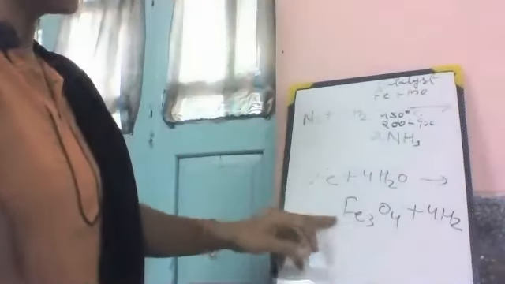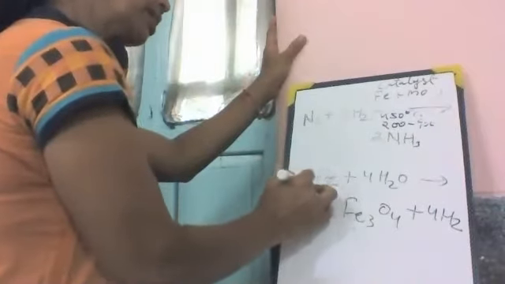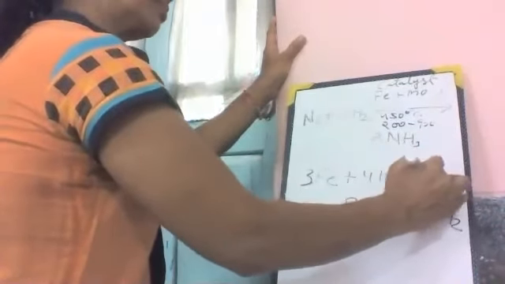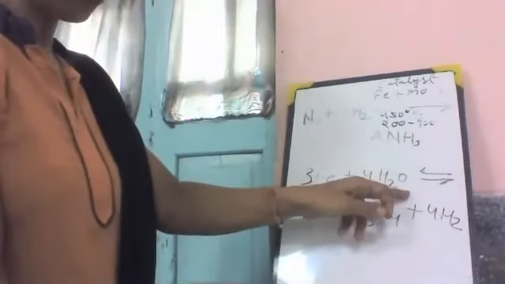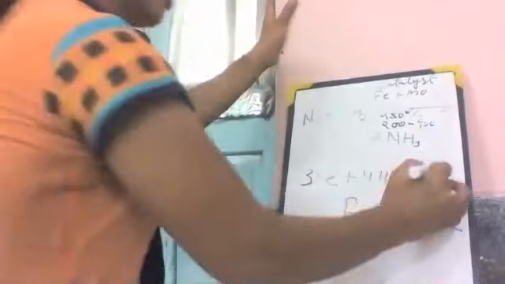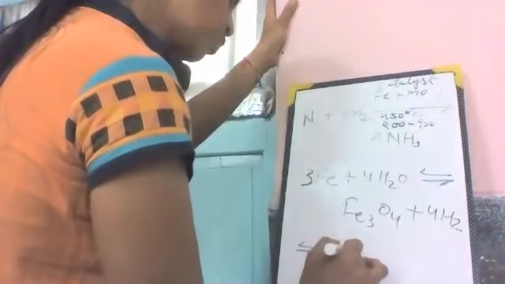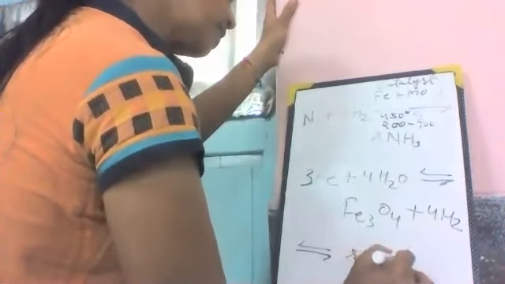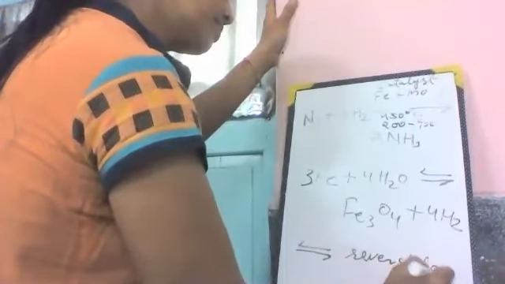This is triferric tetraoxide, when iron is red hot. We can put this arrow to show a reversible reaction.